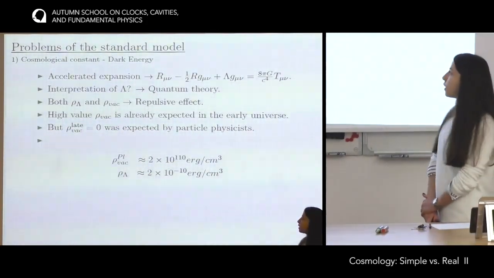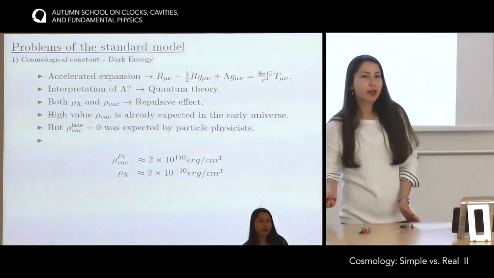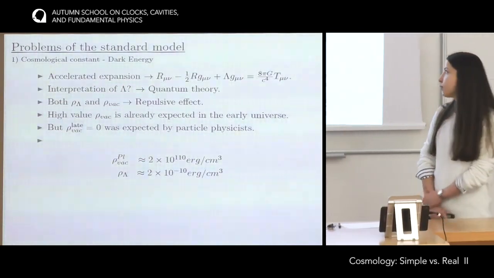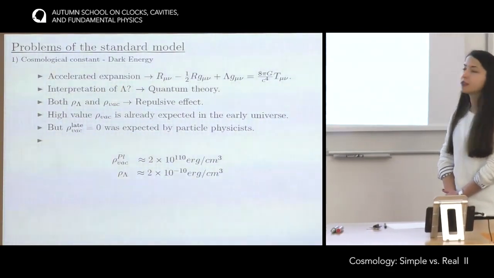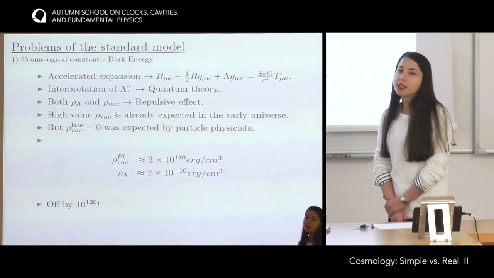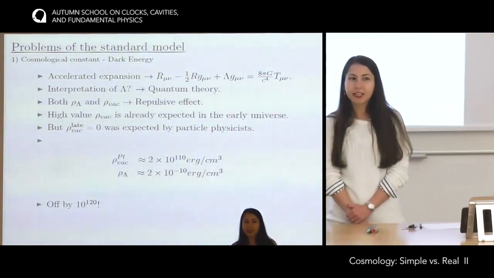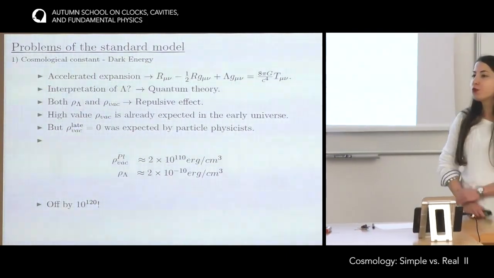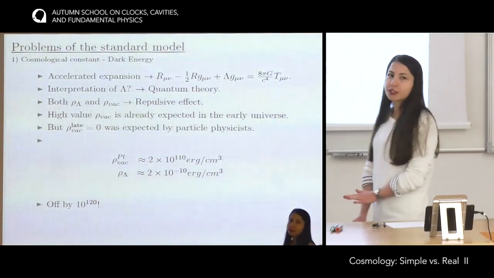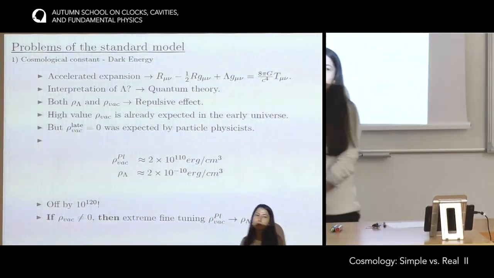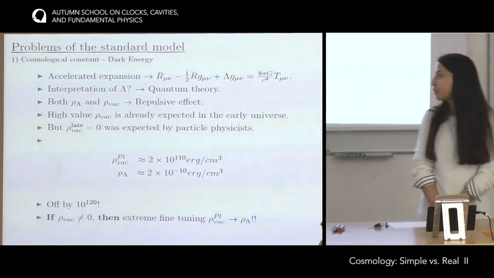But from the observations we have today, we expect the energy density of the cosmological constant to be of order 10 to the minus 10. So this is off by 10 to the 120. That's why it is said in the literature to be the worst theoretical prediction in the history of science. So this is the dark energy problem, the cosmological constant problem we have.